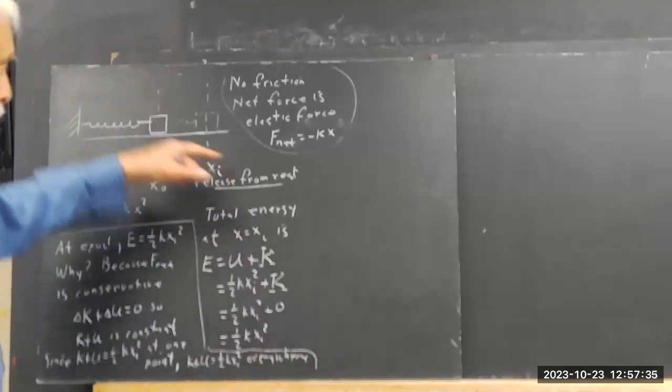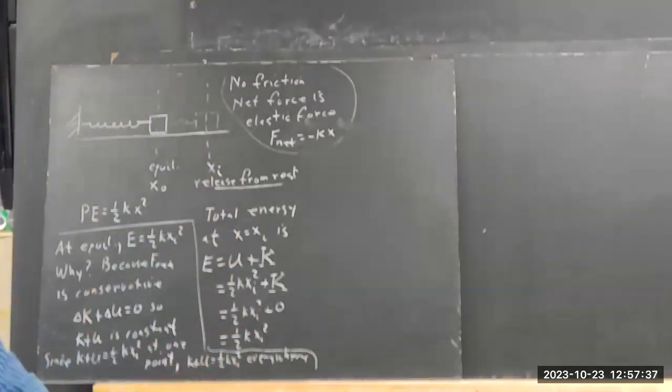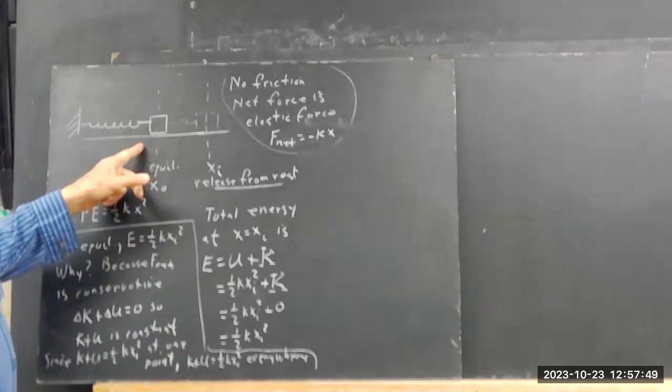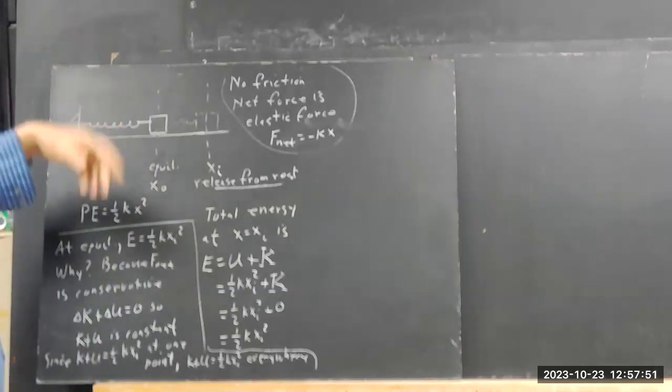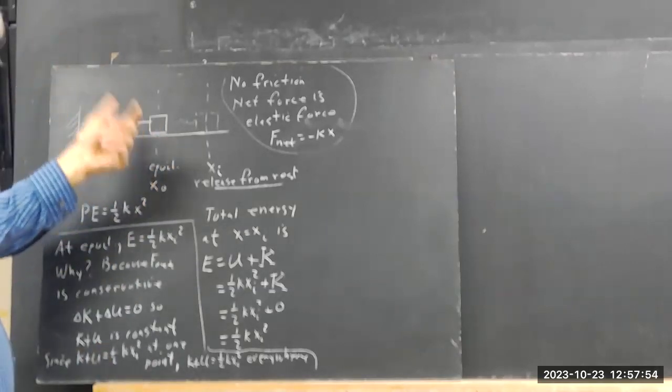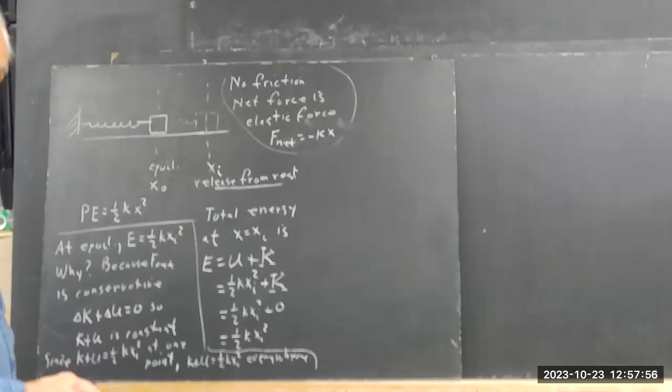And by everywhere, I mean everywhere within the system, as long as our assumption that the net force is negative kx is valid. Okay. Now you put some sandpaper down on the surface here, or put something for this thing to run into. That's all going to change, but we're assuming that's not the case.